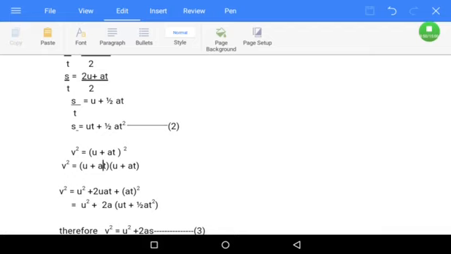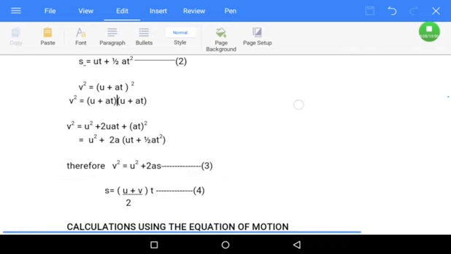If you expand this bracket, you have u times u, u squared, u times at, uat, at times u, uat. So I have 2uat. Now at times at will give me a squared t squared, meaning at all squared. So we have u squared, plus 2uat, plus (at) squared.